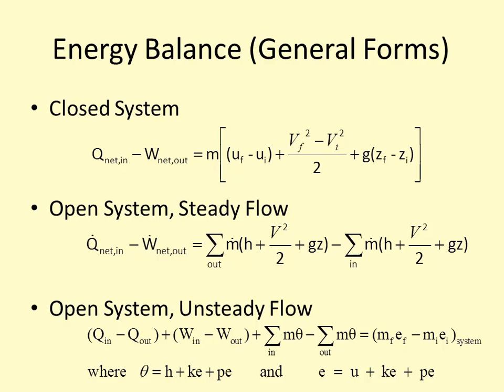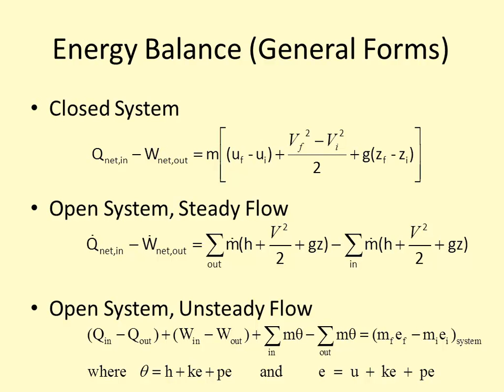So we may know the conditions initially, some flow happens, and then we know the conditions at the final state. Depending on which terms are given to us, whether we know the work and heat interactions, or the flow rates and what's coming in and out, or the initial and final state of the system, we may need to solve for one thing versus another.